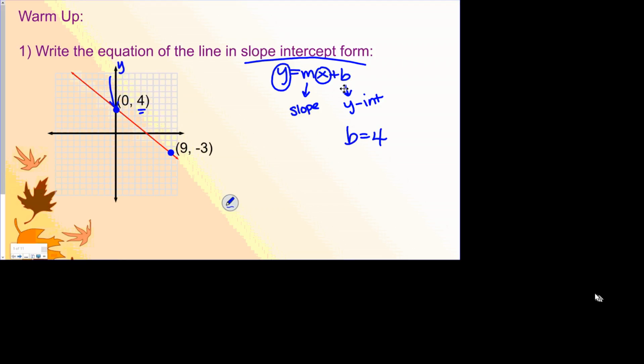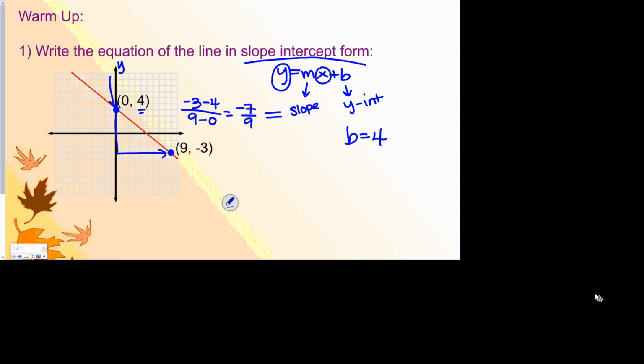You could count down and over, or you could use your slope formula, which means to subtract your y's and divide it by subtracting your x's, getting -7/9 as the slope.